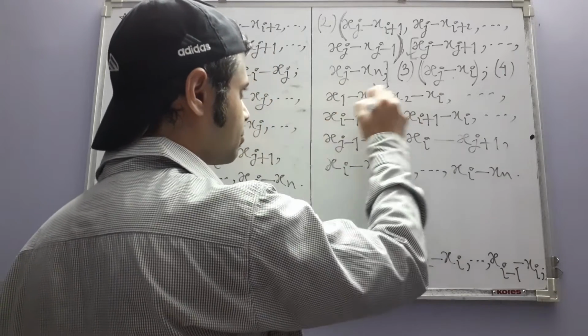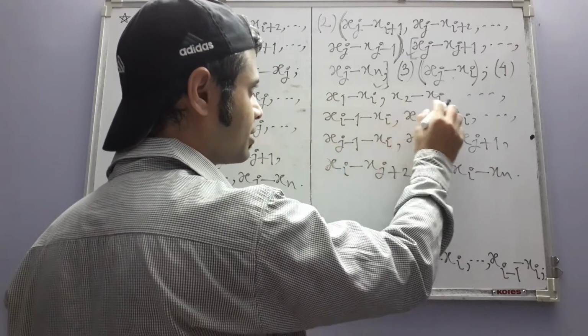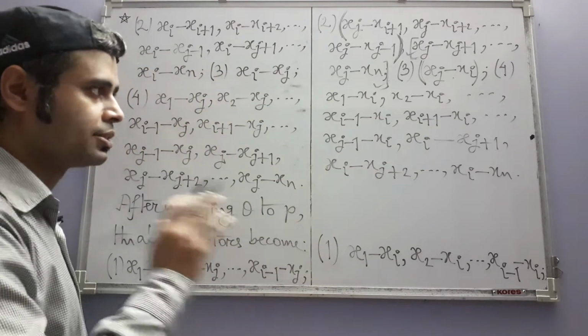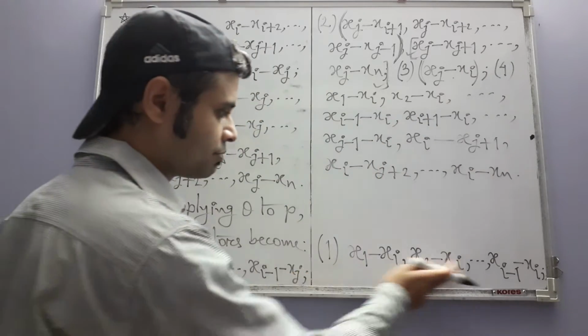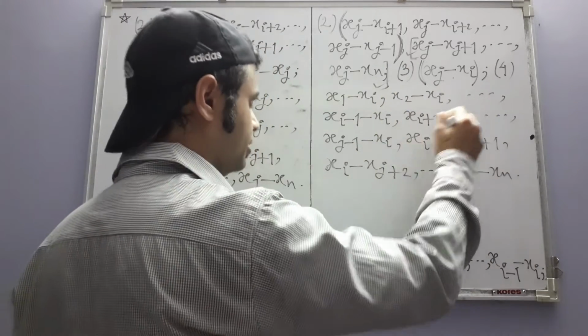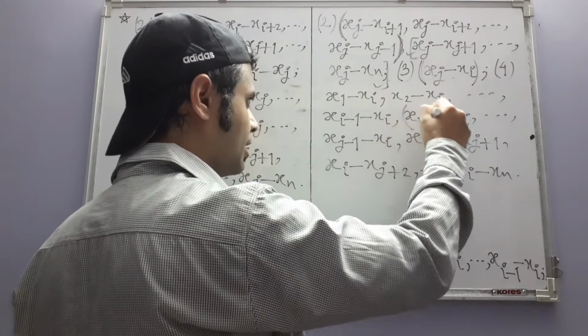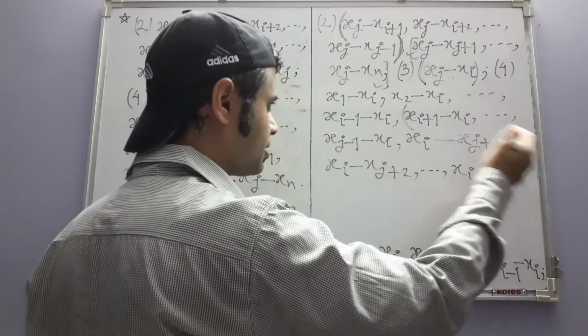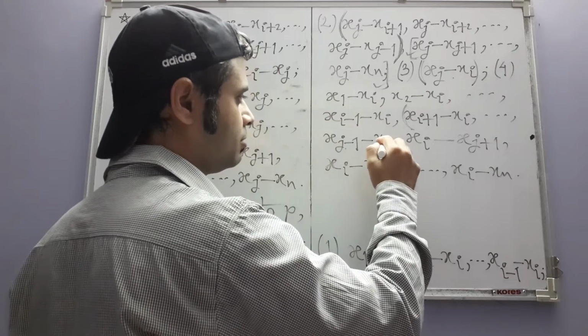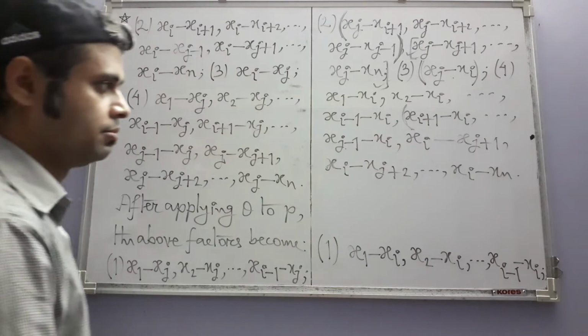This part has no problem, x1 minus xi, x2 minus xi, because 1, 2, 3 all the way up to i minus 1, they are all less than i, like what we see here. But the problem starts from here, i plus 1, then the next will be i plus 2, j minus 1, etc. These are all greater than i.